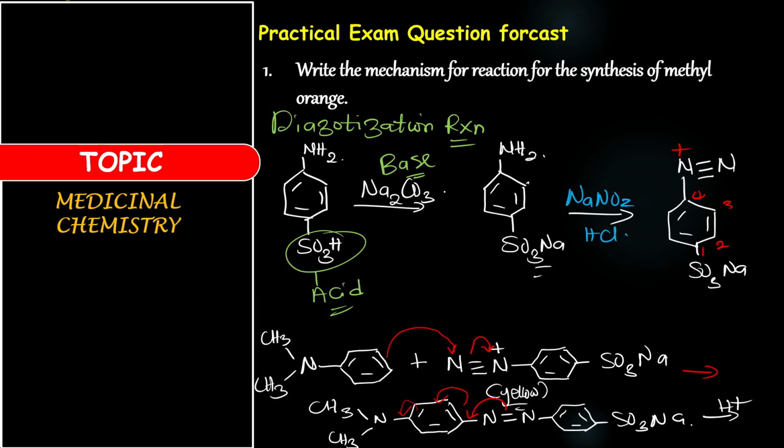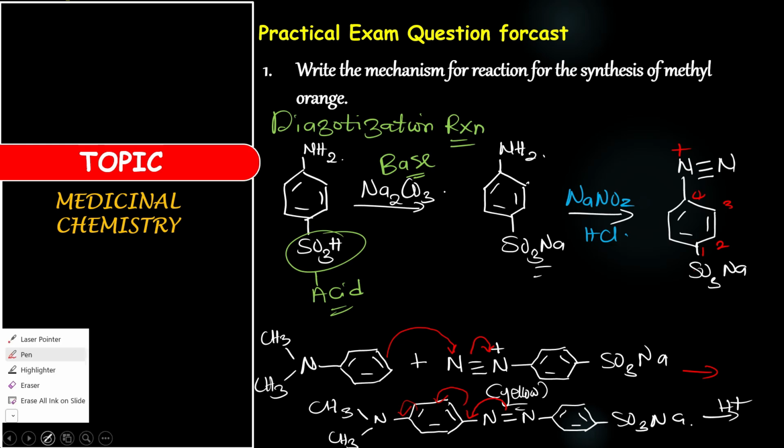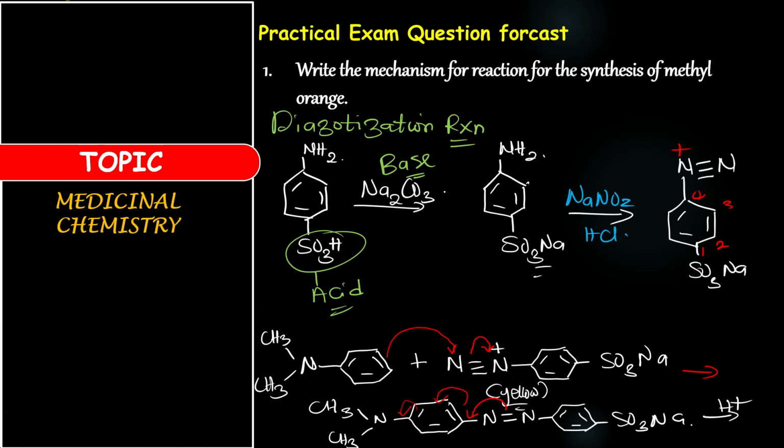So that at the end of the day, you are going to be having something like this, which will now show you the red coloration. CH3 and CH3 here will be positively charged because of the presence of an extra hydrogen here. And then you have this benzene ring. Now for the benzene ring, the bonds will only be here.